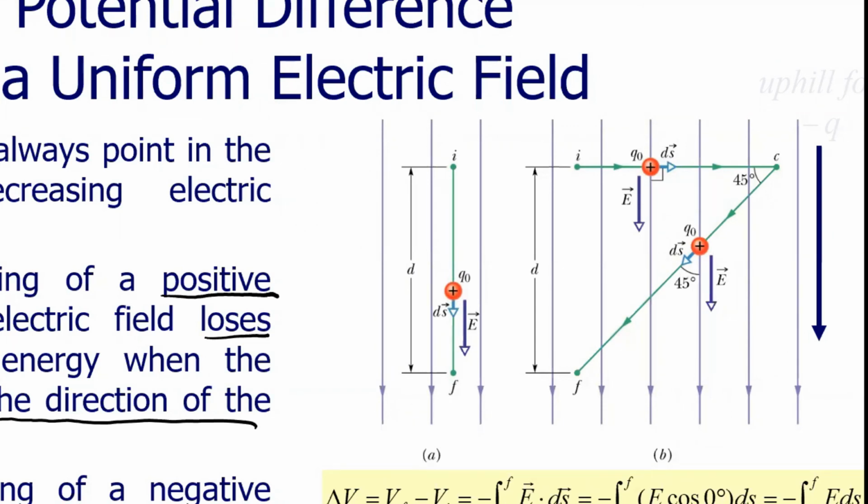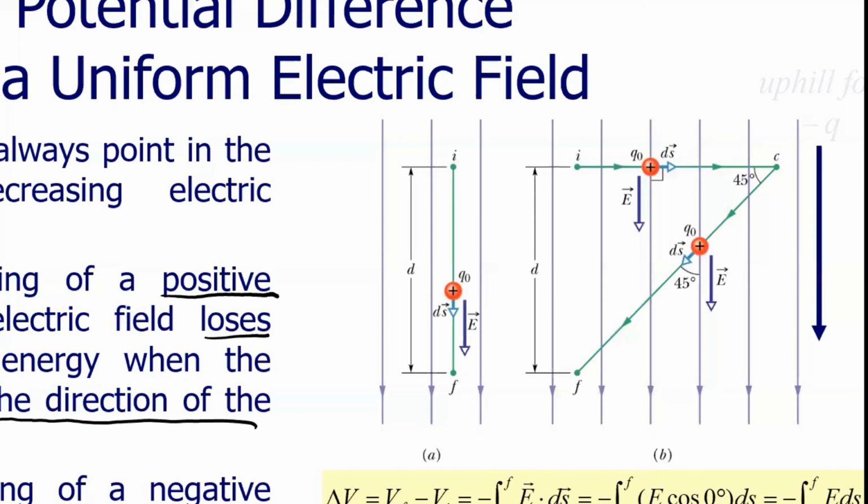Think about it in terms of gravity. If I lift something up and I let go of it, it moves spontaneously on its own. So is it losing potential energy or gaining potential energy? It's losing.